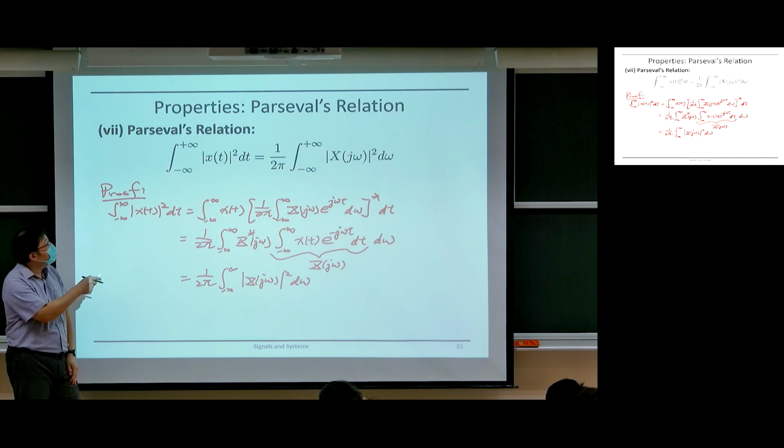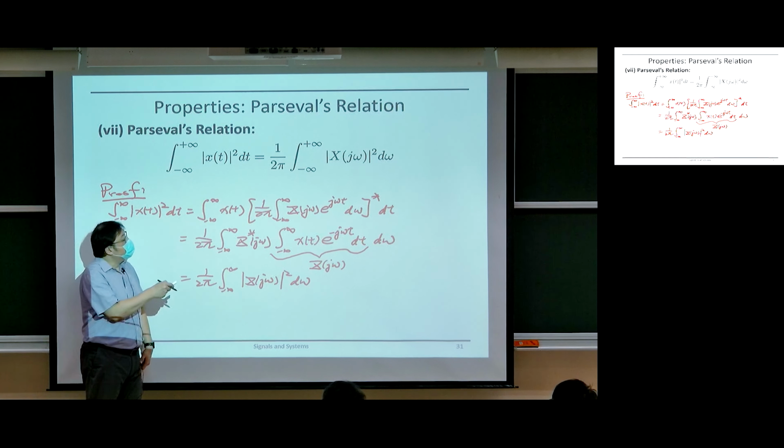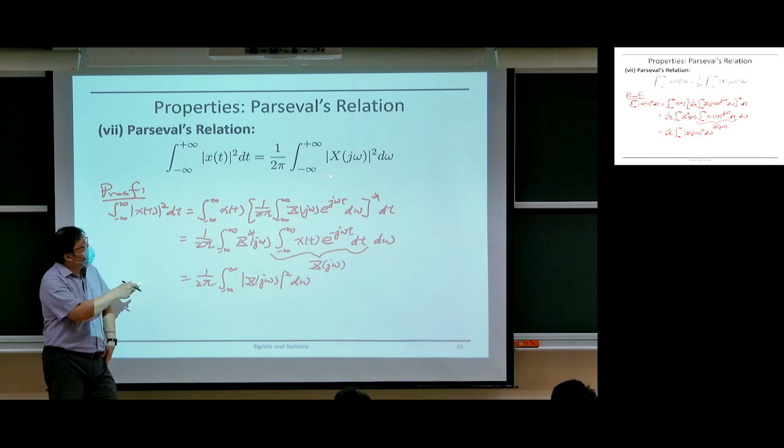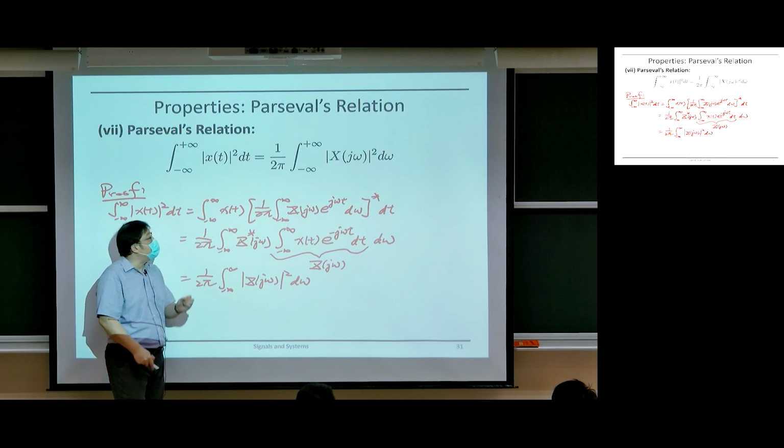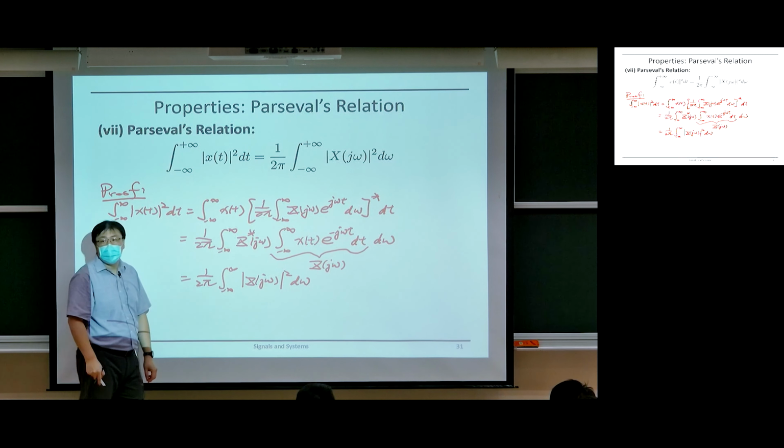So we view this as the instantaneous power. Similarly, in the frequency domain, if the total energy is the integration of these frequency components absolute squared, then this absolute square of x of j omega you can view as the energy density at the frequency omega.